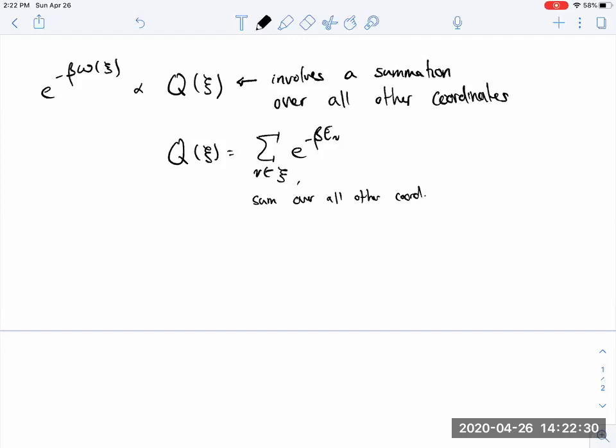I've added up the contributions to that free energy due to all of those configurations consistent with all other coordinates being every other value they can take. So the dependence on the other coordinates is implicit in our K.